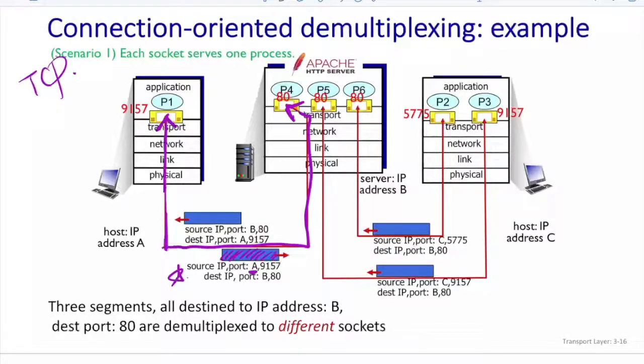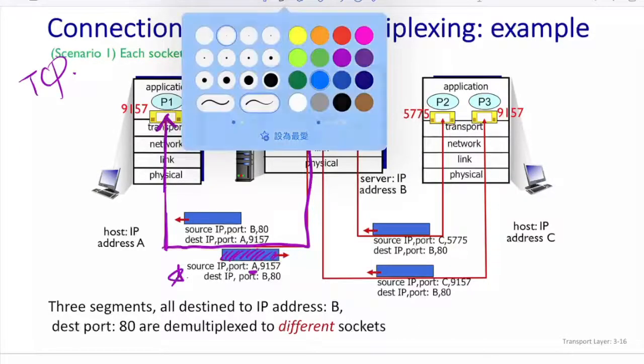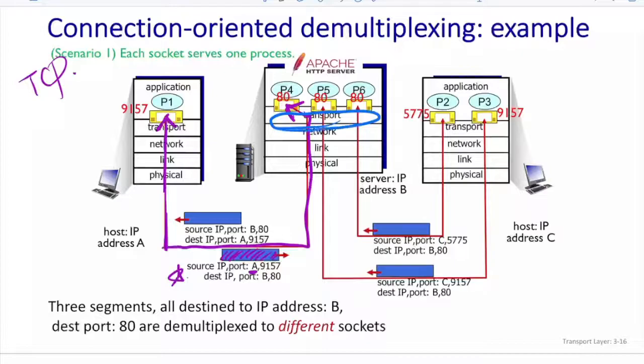However, you can see the green one. In this transport layer at B, you can see that 3 sockets, their socket numbers are all 80, right?